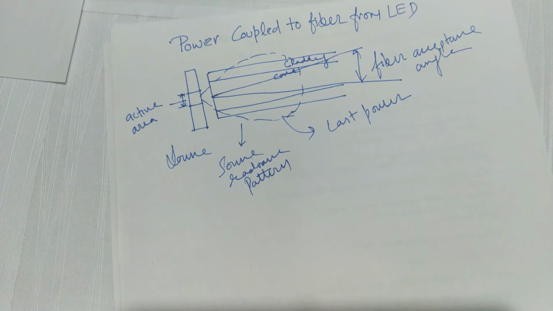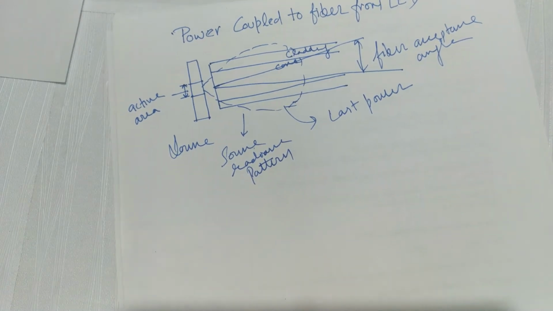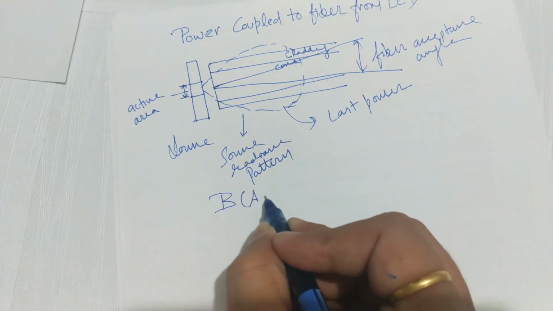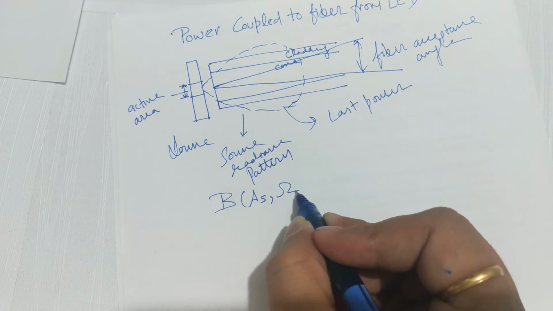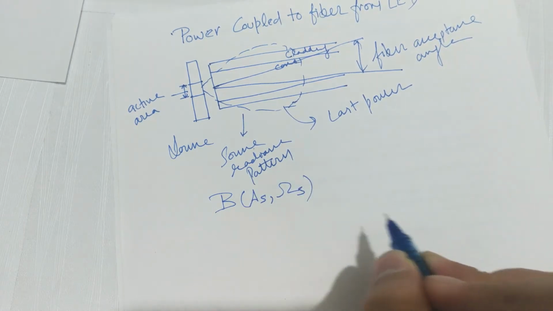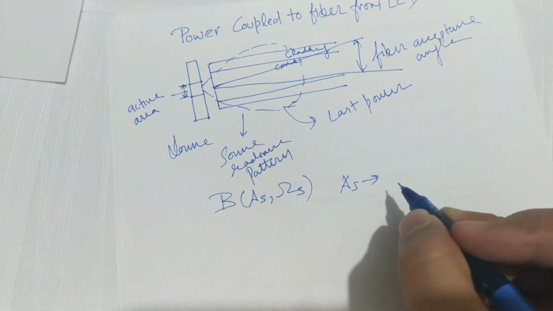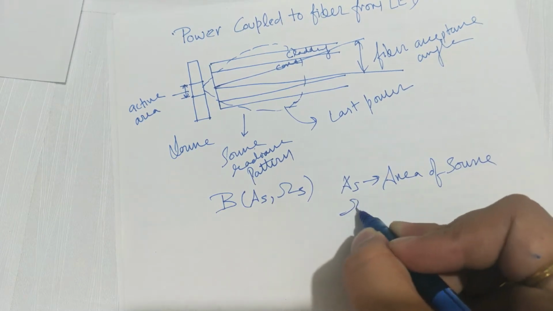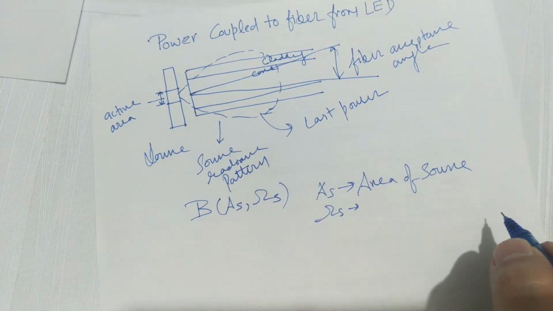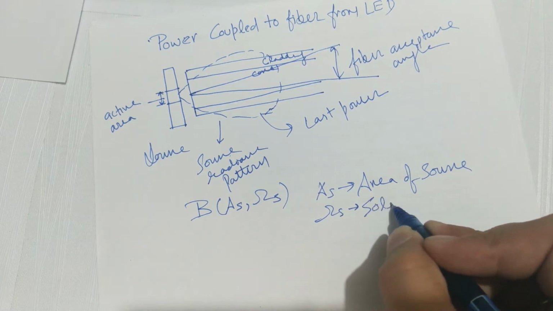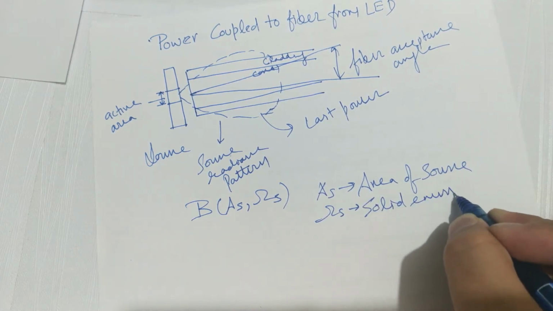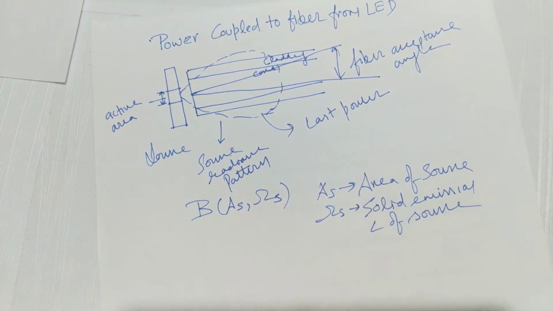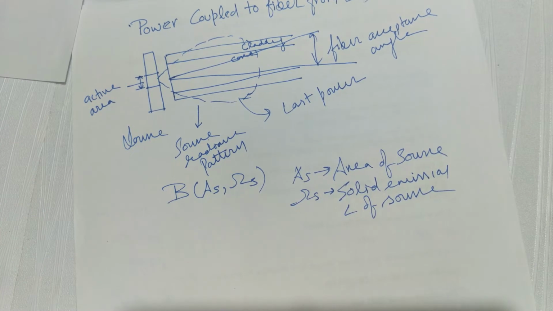So the source brightness is given by B equals power over A_s times omega_s, where A_s is the area of the source and omega_s is the solid emission angle of the source.